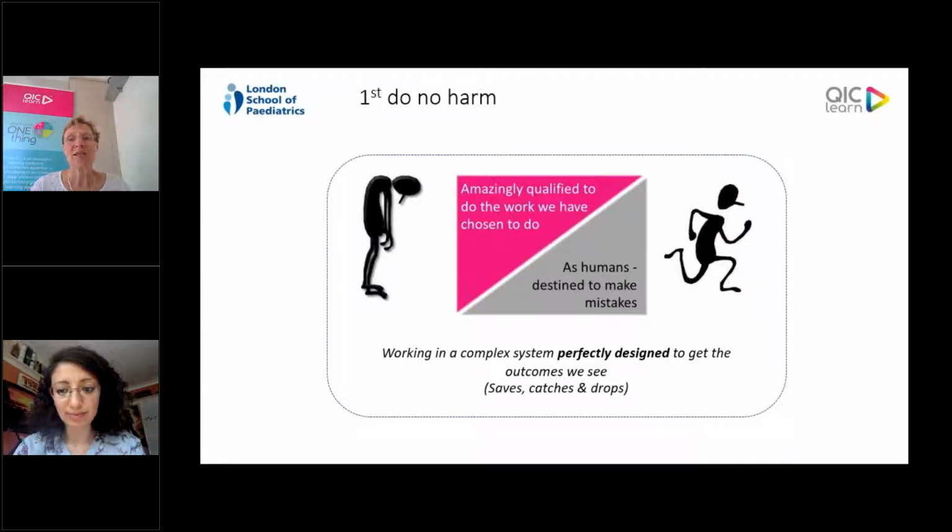So those natural deficits mean that when we're working in a complex system that's perfectly designed for the outcomes that we see, that means that we're going to have the wonderful saves that you make on a daily basis, also some slips and trips that you might catch, and also the ones that shoot through, so the complete drops. And that's the scary bit really, isn't it?